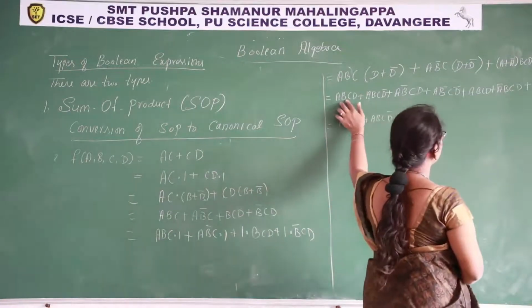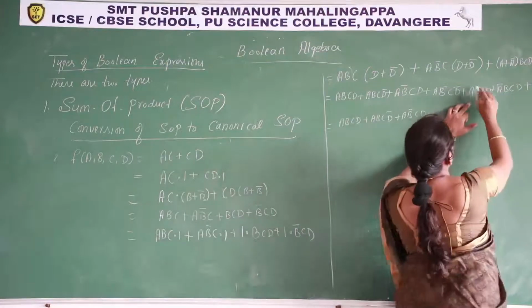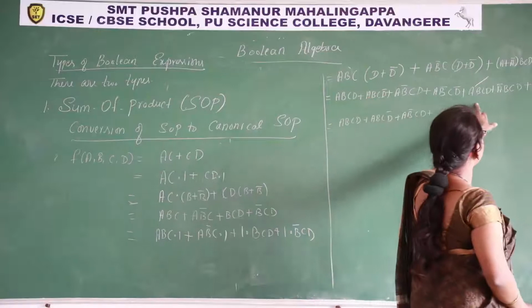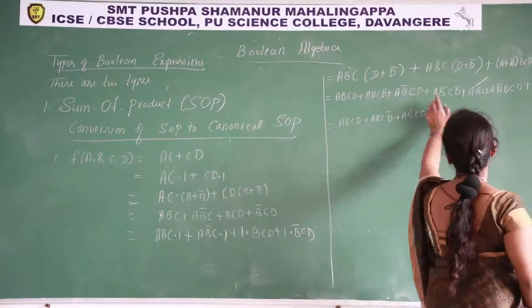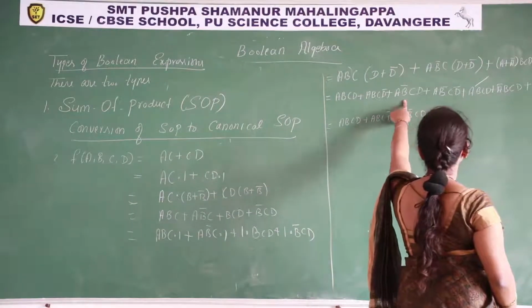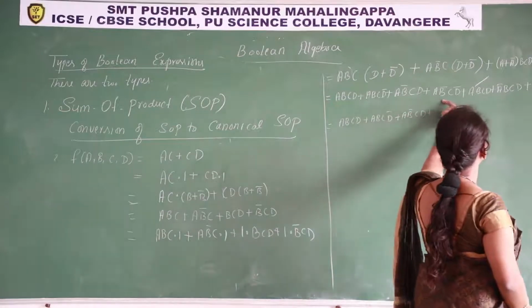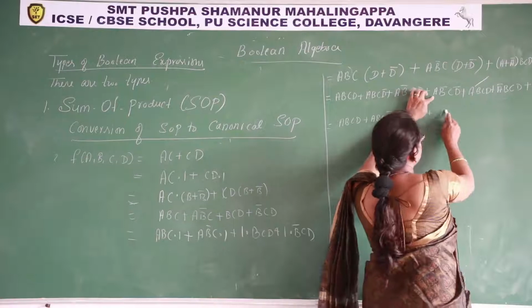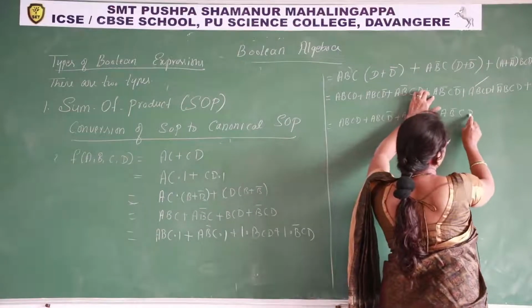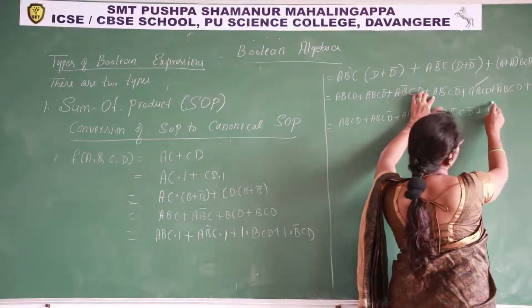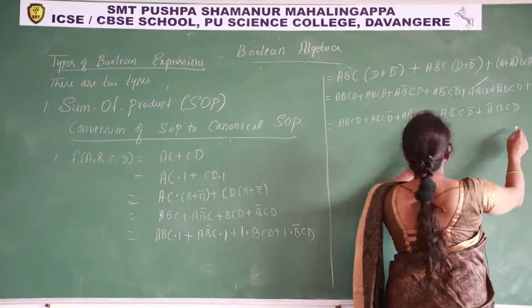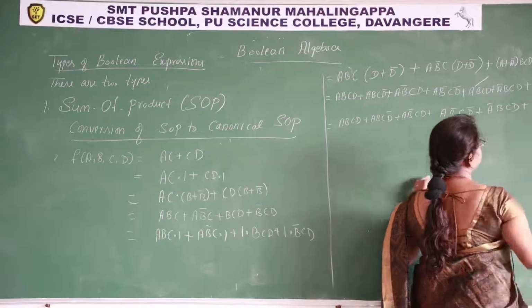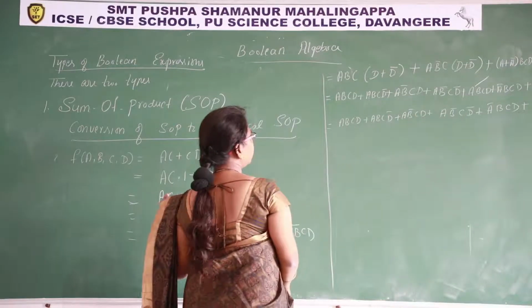ABCD, only ABCD once. ABCD bar, only once. AB bar CD. Next AB bar CD bar. Next A bar BCD plus A bar B bar CD. Now it is in canonical SOP.